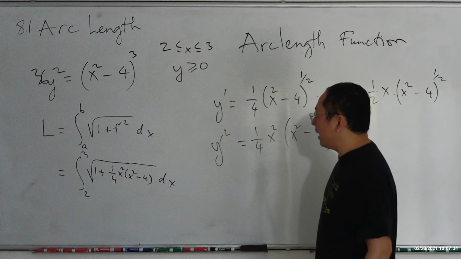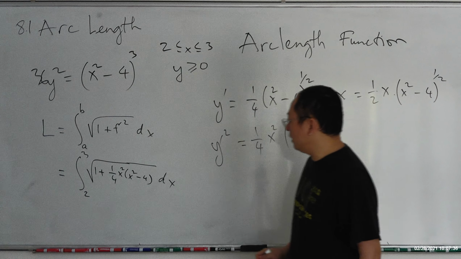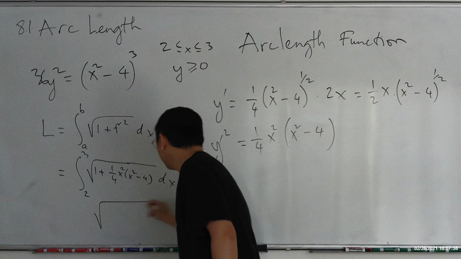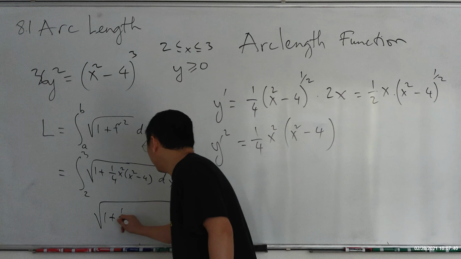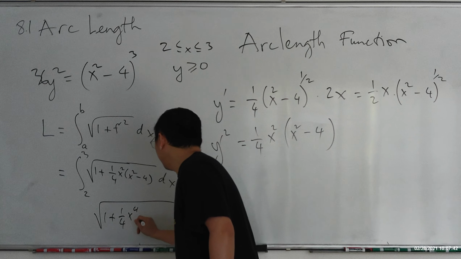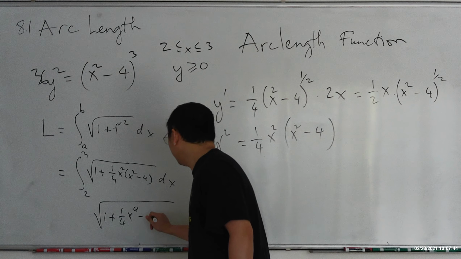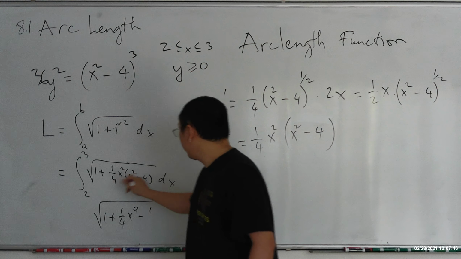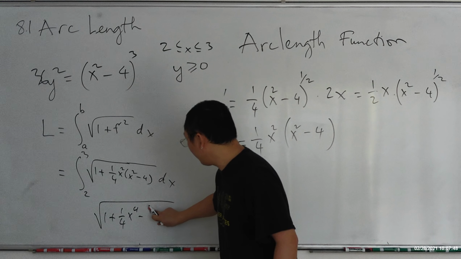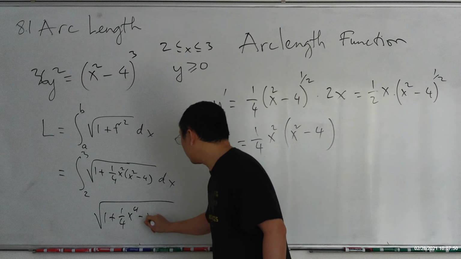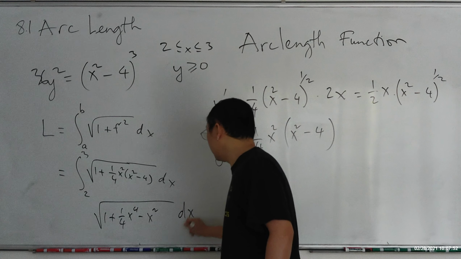Let's try to simplify that a little and see if it helps. This is the square root of 1 plus 1/4 x to the 4 minus x squared, since 1/4 times 4 is just 1, dx.